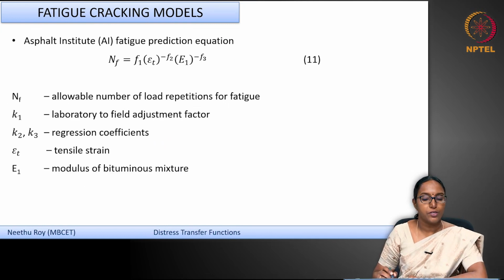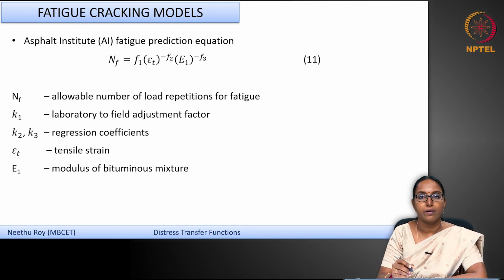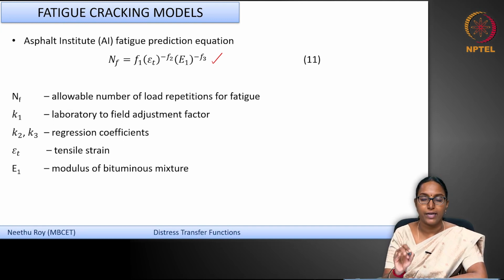Now, the Asphalt Institute again considers the general equation itself as the fatigue prediction equation, where NF is equal to F1 epsilon T raised to minus F2 into E1 raised to minus F3, which we have already discussed. NF is the allowable number of load repetitions for fatigue in the pavement structure, and epsilon T is the tensile strain.